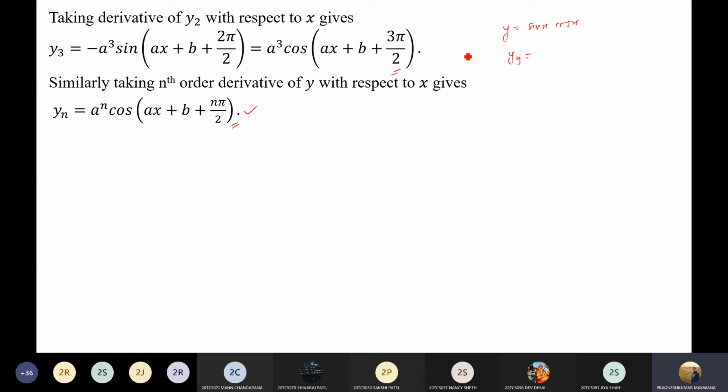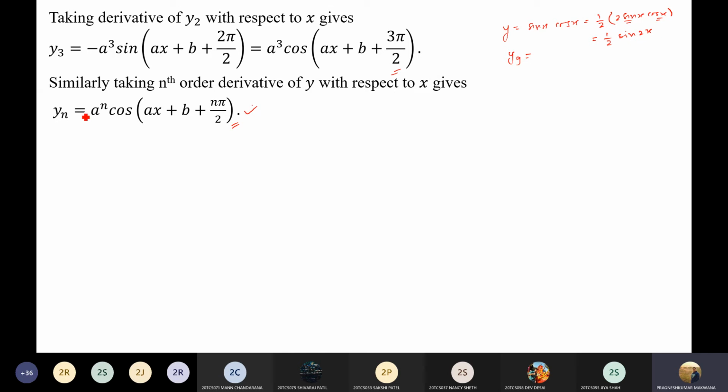Everyone knows that trigonometric function, yes or no? So here it is 1 by 2 into 2 sine x cos x. What is the value of 2 sine x cos x? Sine 2x.